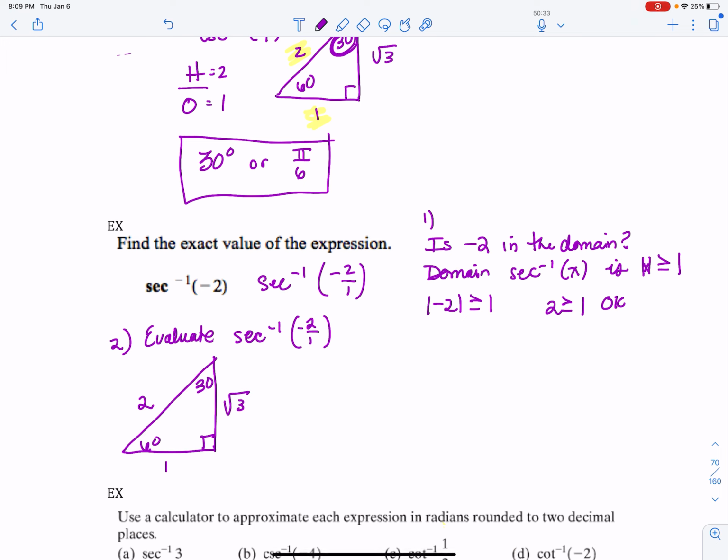And the reason why I'm doing this again is because this is the only triangle that has 1 and 2 as one of its sides. Secant is the reciprocal function of cosine. Cosine is adjacent over hypotenuse, so secant is hypotenuse over adjacent. So I want my hypotenuse side to be 2 and my adjacent side to be 1. So I'm going to go ahead and highlight these, and the angle that will give me that is 60 degrees.